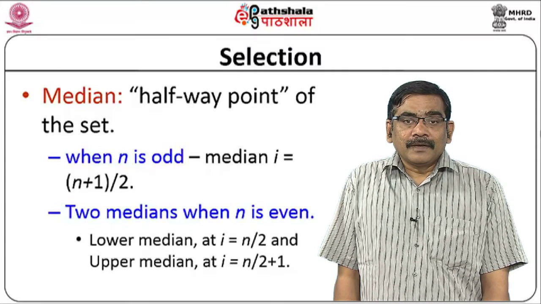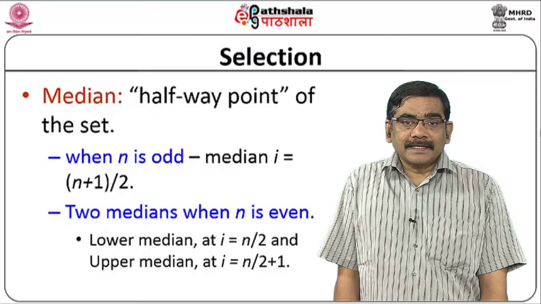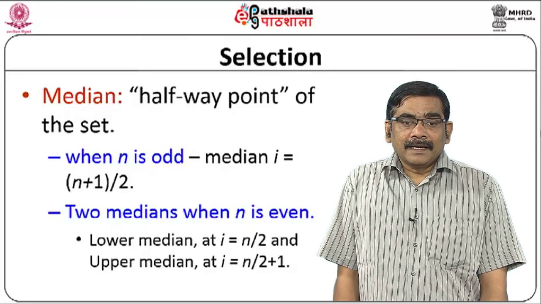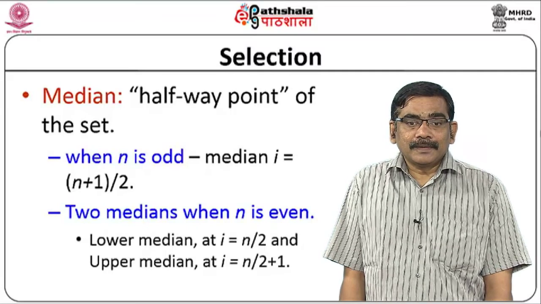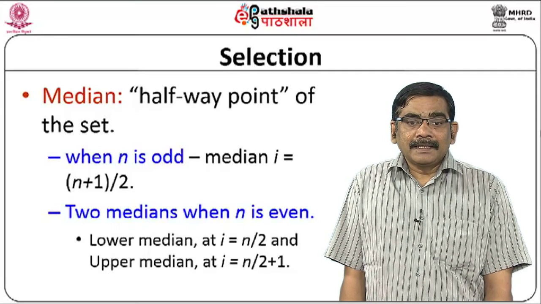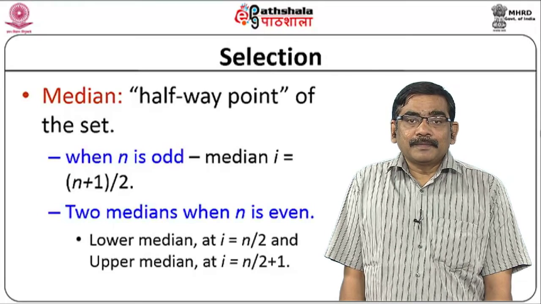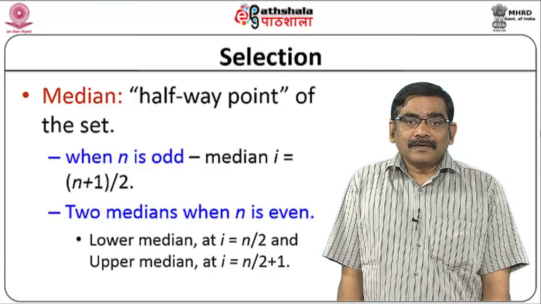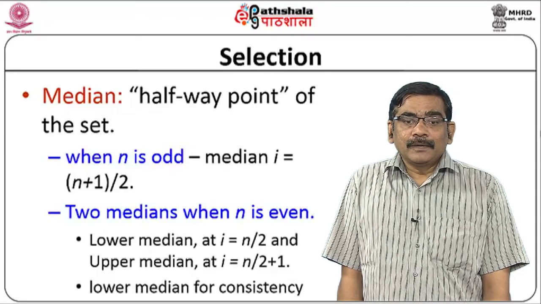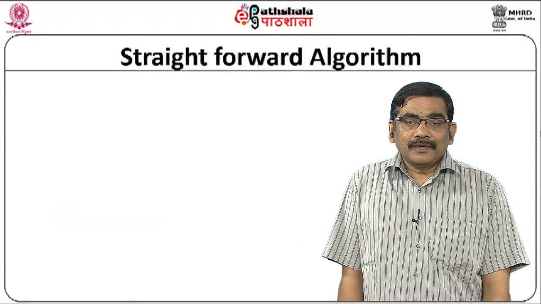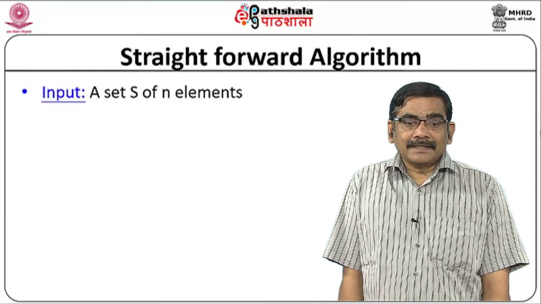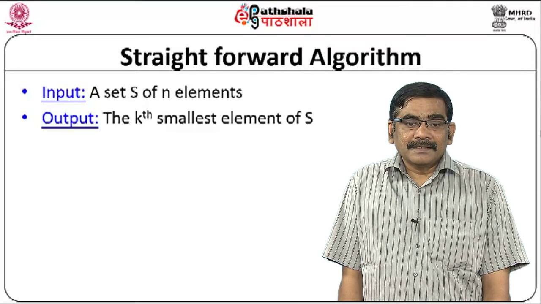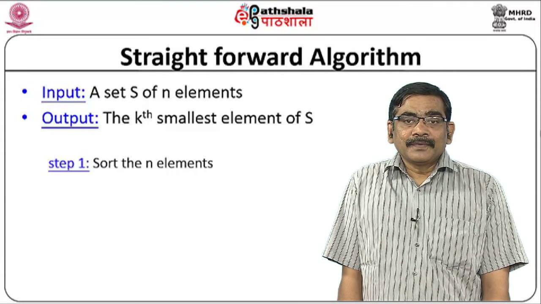Otherwise, we have two center elements: the lower median is at i equal to n by 2 and the upper median is at n by 2 plus 1. By convention, median always refers to the lower median only. Therefore, we always return the lower median as the median of the given list. This is for consistency purposes.